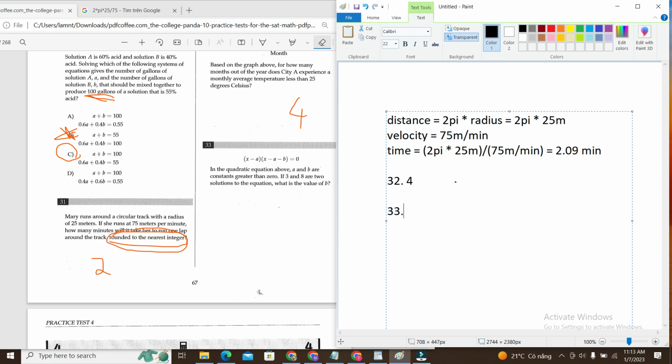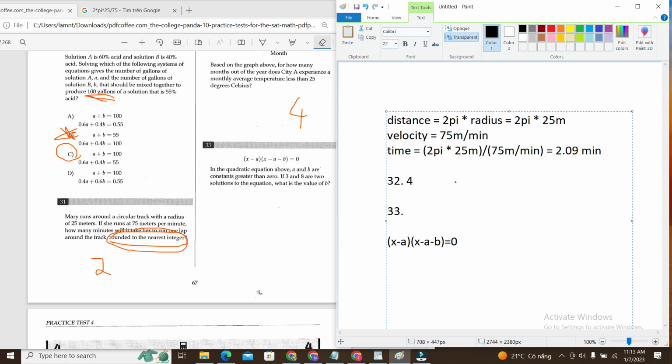We have x minus a times x minus a minus b equals 0, which means one of these two factors has to be 0, right?